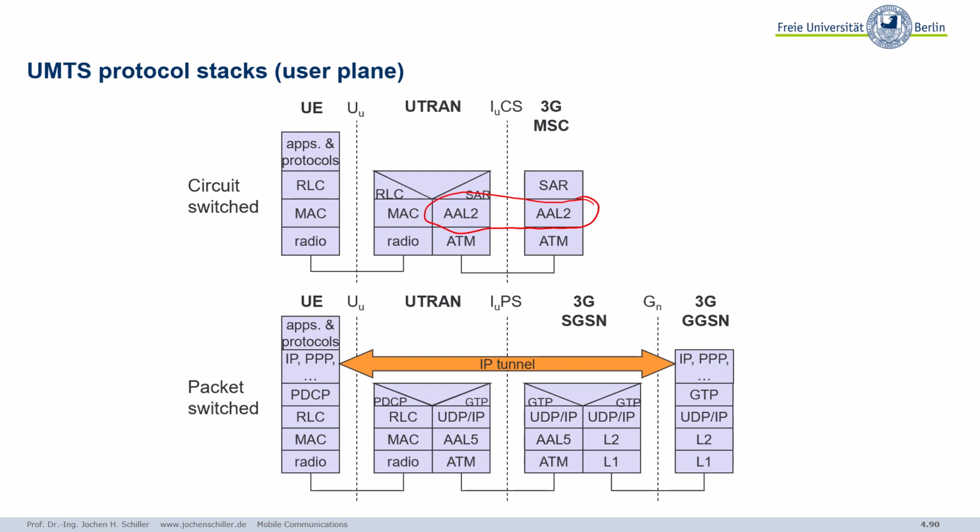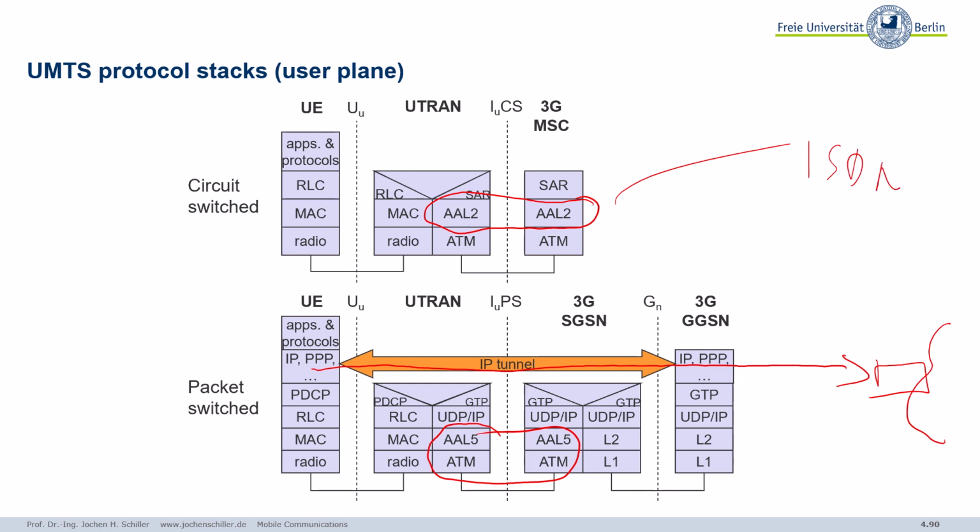And the packet switched system also uses ATM adaptation layer 5 here. But as we learned already from GPRS, some more internet protocols offer this IP tunnel where we can then transmit our IP packets into the internet. And here we connect to a classical ISDN network, GSM, whatever.